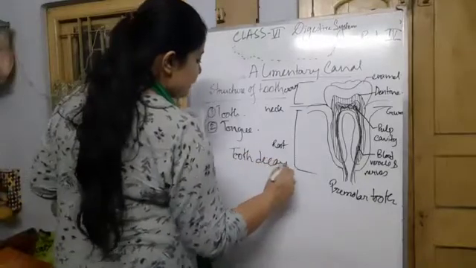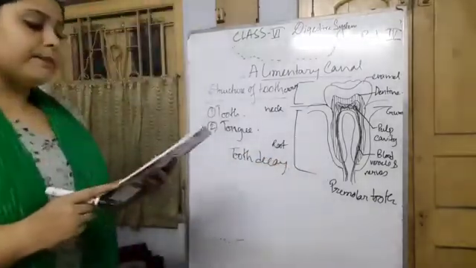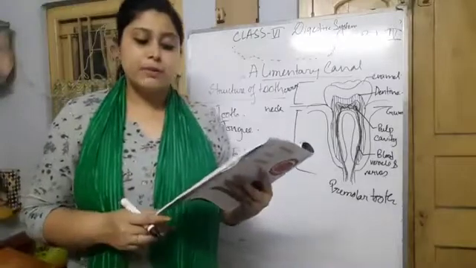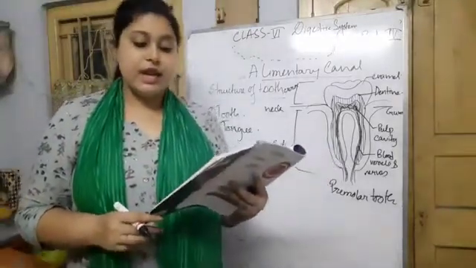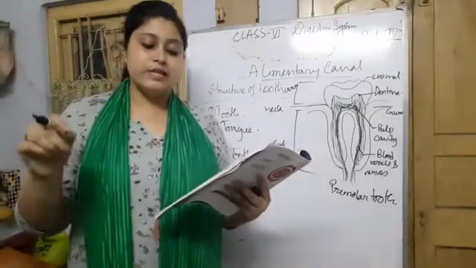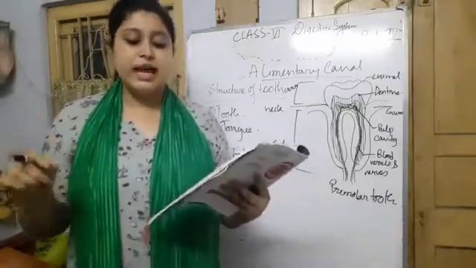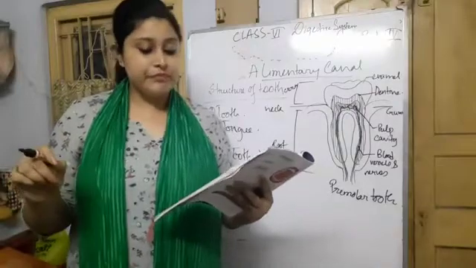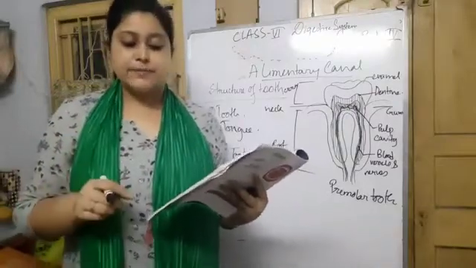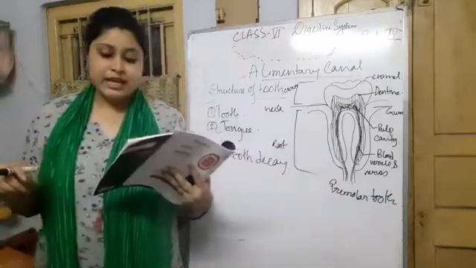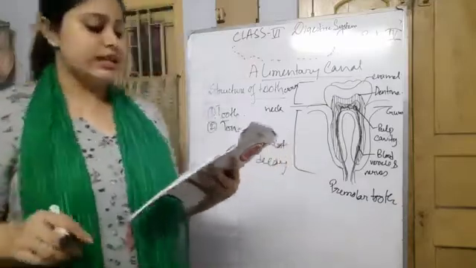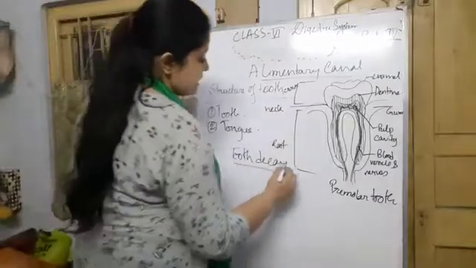What is tooth decay? The most common tooth problem among people is tooth decay. When small pieces of food get trapped within teeth, bacteria act upon them. As a result, acid is produced which slowly damages our teeth. This is known as tooth decay or dental caries.